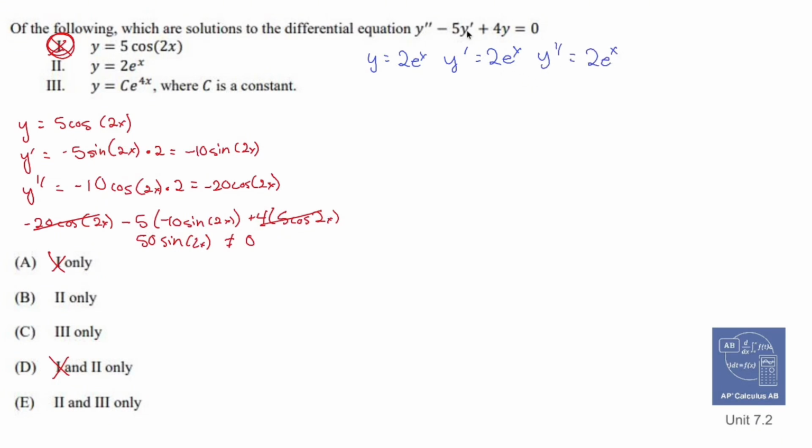So when we plug it into this guy, we have y double prime, which is 2e to the x, minus 5 times y single prime, which is 2e to the x, plus 4 times regular y, which is 2e to the x. I'm supposed to get 0. So 2e to the x minus 10e to the x plus 8e to the x is going to end up being 0.